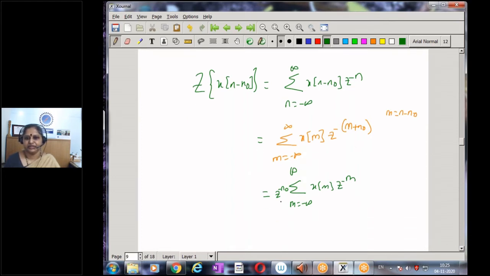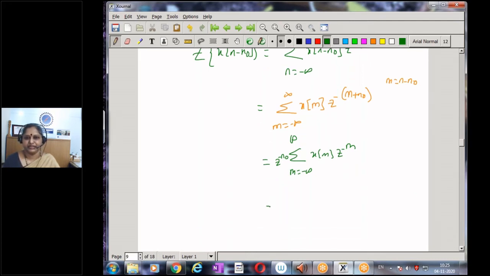And what I have is z power minus n naught, this term, and this term we can identify as the Z transform of x of n. So instead of my summation going from n minus infinity to infinity, I just have n being replaced by m. So this whole summation can be identified as X of z, and hence we have X of z into z to the power of minus n naught.